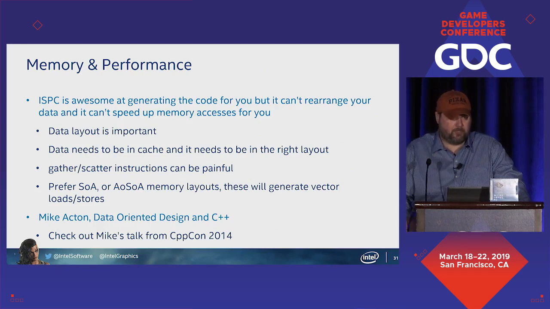So prefer structure of arrays or array of structure of arrays memory layouts, as these will all generate vector load stores. And if you haven't seen Mike Acton's data-oriented design talk from CppCon 2014, he lays out pretty compelling reasons why, if you're writing high-performance code, your data layout is pretty important. So I highly recommend you check out his talk.